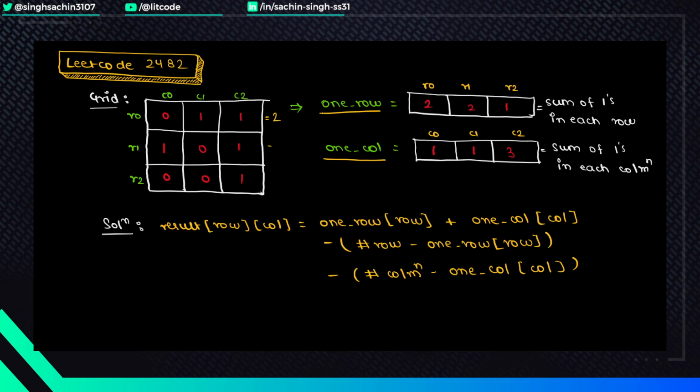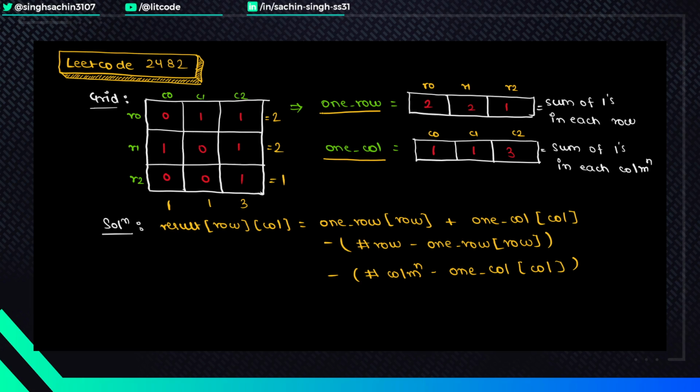So 2. Similarly for row 1, 2. Row 2, 1. As you see, we have the same elements in this particular array. Similarly, one column, the sum of ones in each column, and if you want to verify, it will be 1, 1, and 3, because we are just summing up ones in each column. So by doing this, we'll get these arrays.